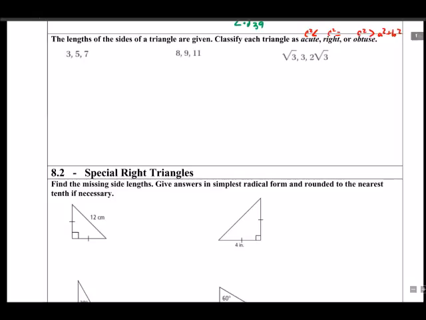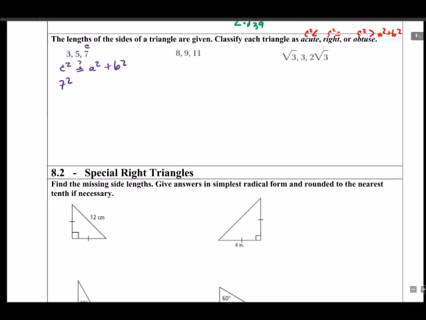So let's look at our first one here. If this were a right triangle, that would be c. So we do c squared equals question mark a squared plus b squared.